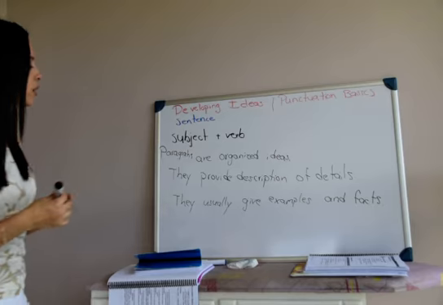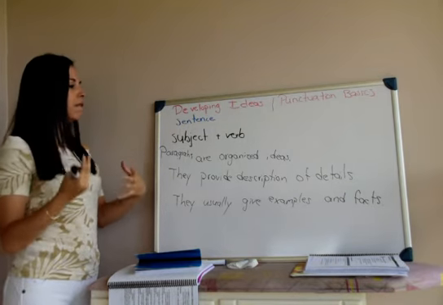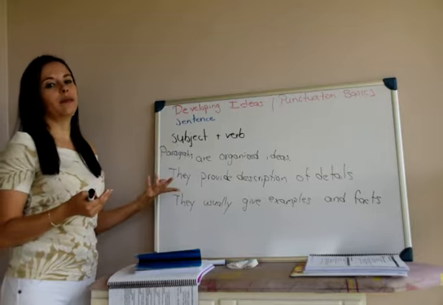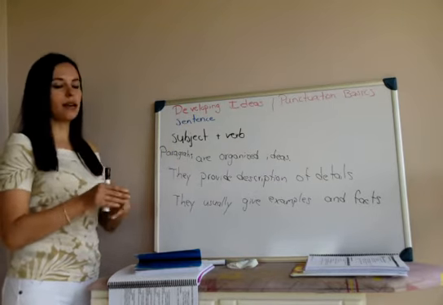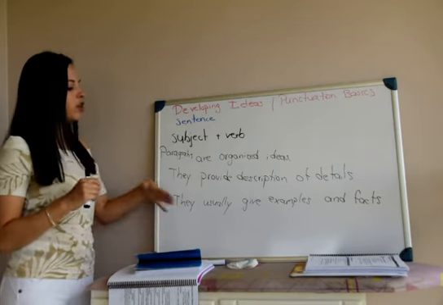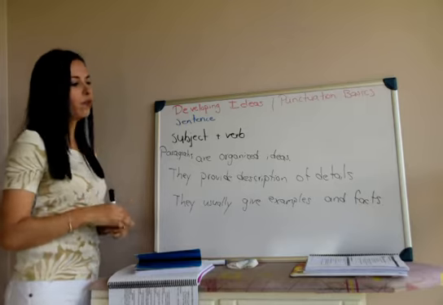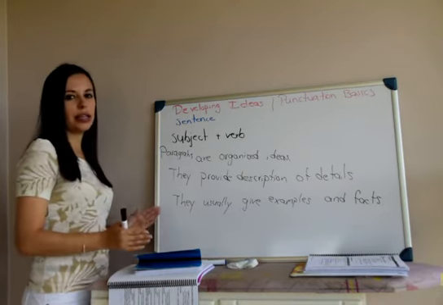Okay, so here we have three different complete sentences defining paragraphs, right? So the first sentence, paragraphs are organized ideas. Second sentence, they provide description of details. Third sentence, they usually give examples and facts. We have three different ideas related to the same topic, but in three different sentences.